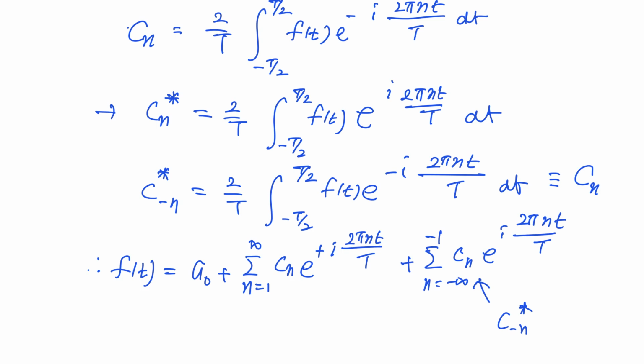Here we actually have 1 over 2, 1 over 2, 1 over 2, right? So now we are in good shape.